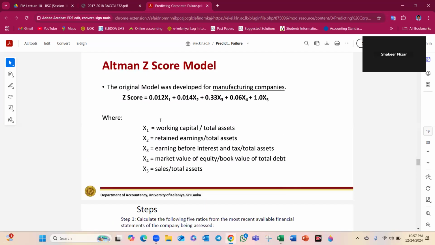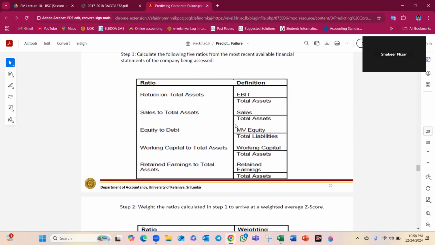X1 is working capital to total assets, X2 is retained earnings to total assets, X3 is EBIT, earnings before interest and tax, divided by total assets. X4 is market value of equity divided by total debts. X5 is sales to total assets.